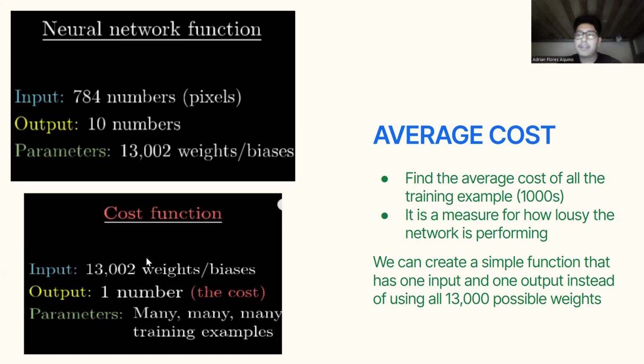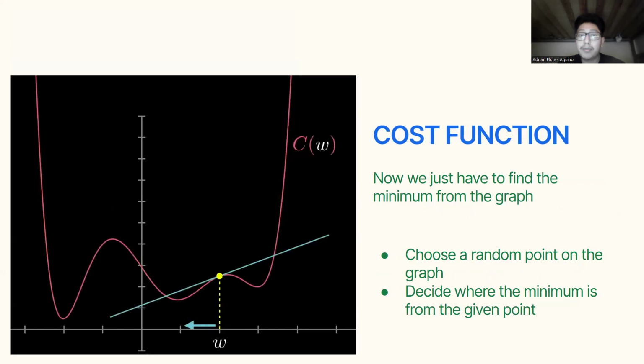To make it much simpler, we could just create a simple function that has one input and one output instead of using all 13,000 possible weights. When doing so, it'll create a graph similar to this. The importance of this is to be able to find the local minimum. To do so, we have to determine whether the random point given on the graph should be moved to the left or right.